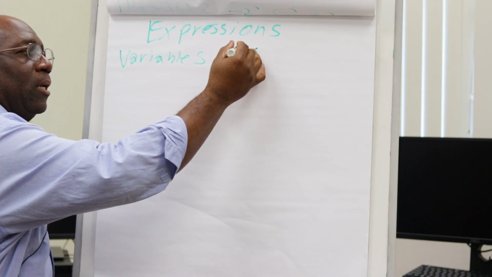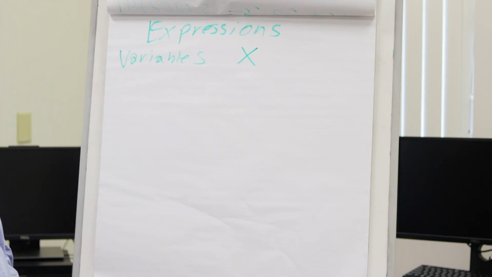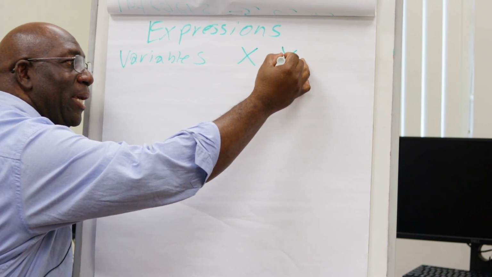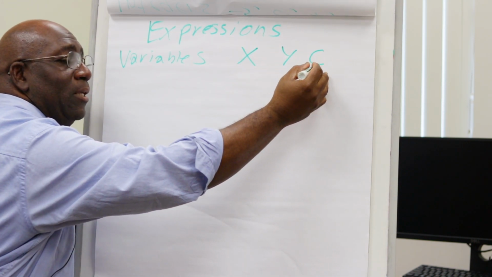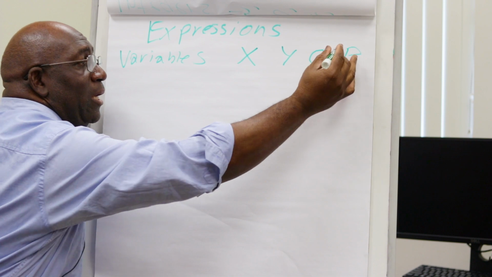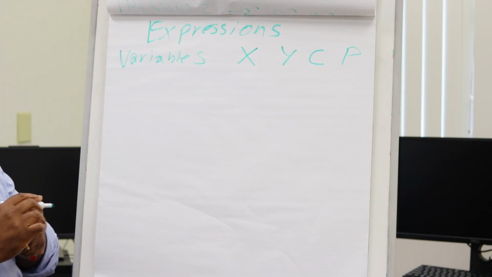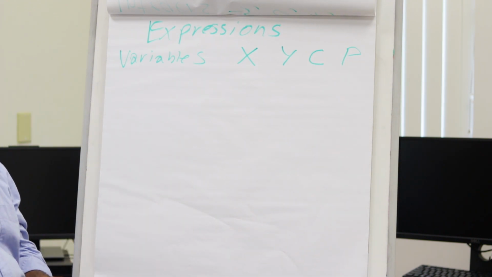And the most popular variable that you would have seen in your lifetime is x. Now that can be anything. It can be a y, it can be a c, it can be a p, just about any letter that you can think of can be a variable.